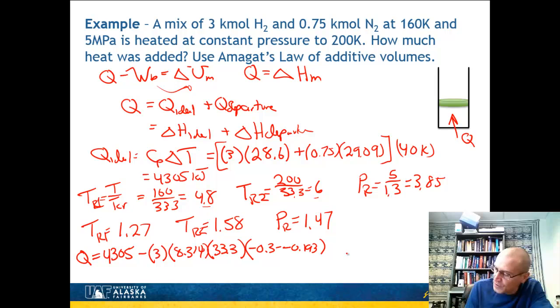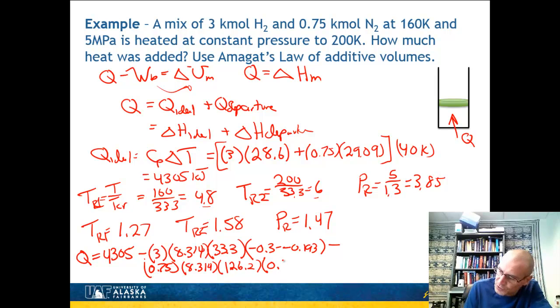And then I need to add my other term, which is actually going to be subtracting, because again we're subtracting R T critical and then the ZH values. And so that would be 0.75 for my nitrogen. I can again use 8.314 because I'm doing this in moles. The critical temperature is 126.2 Kelvin.